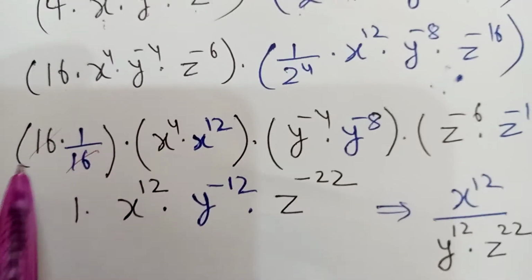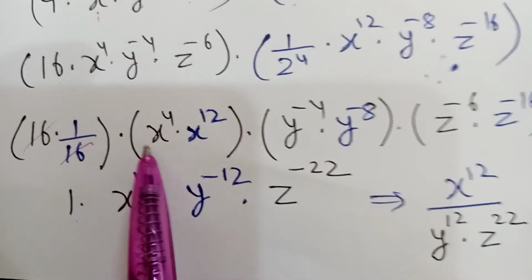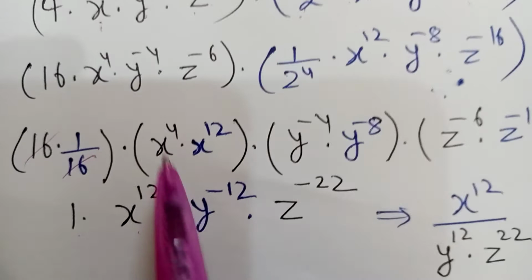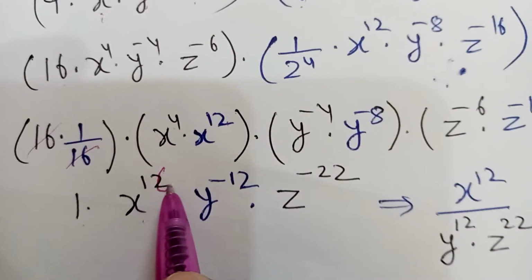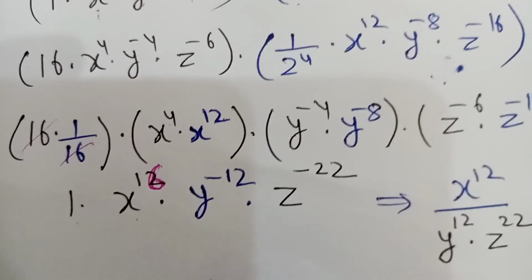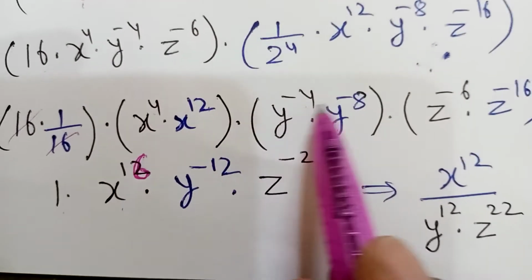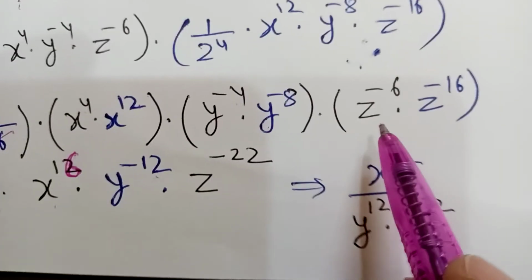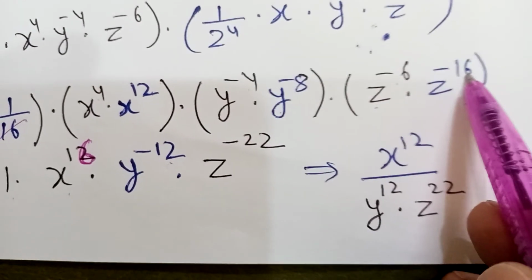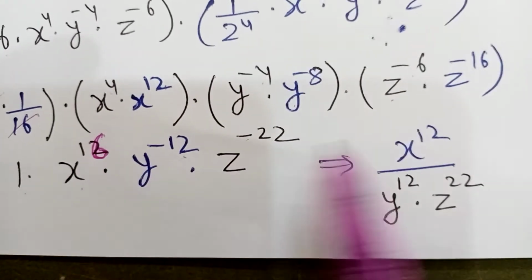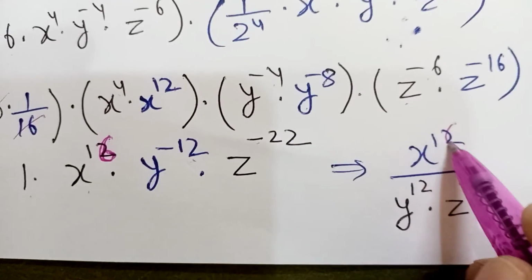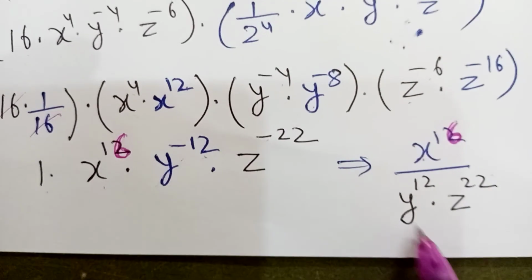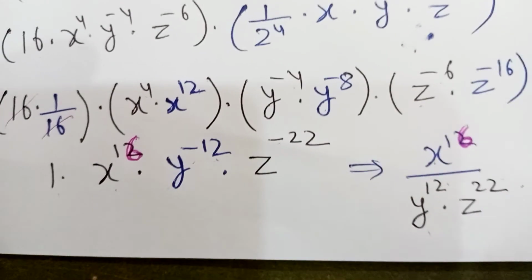So this 16 cancel 1, x to the power of 4 plus 12, 4 plus 12, 16, y to the power of minus 4 minus 8 minus 12, z to the power of minus 6 minus 16 minus 22. So x to the power of 16 by y to the power of 12, z to the power of 22. That's all.